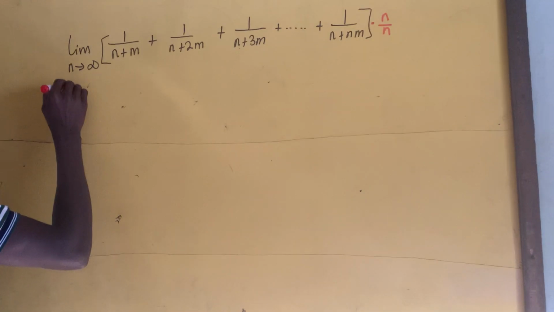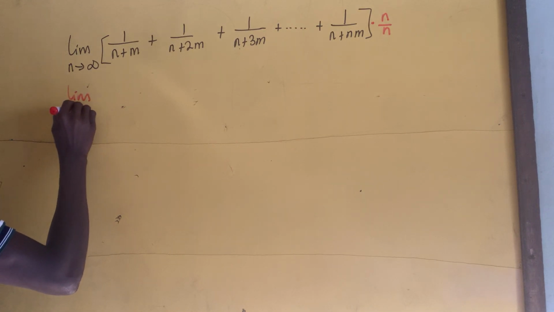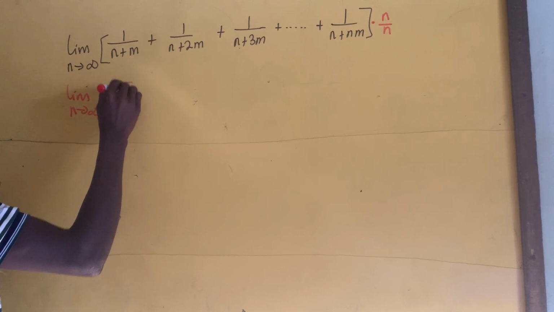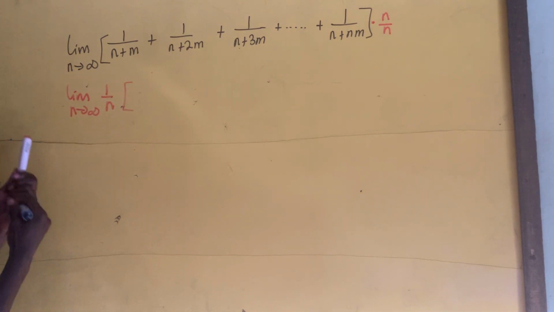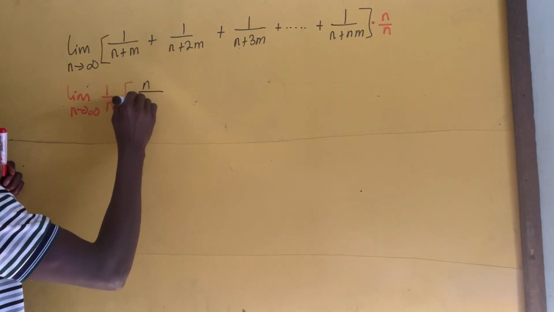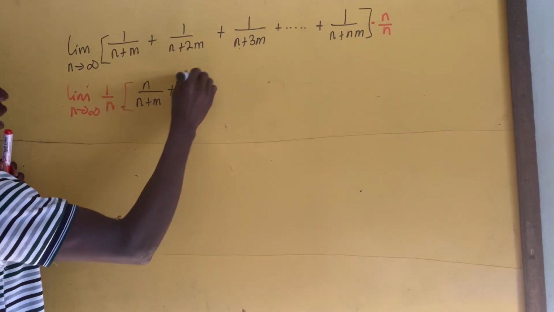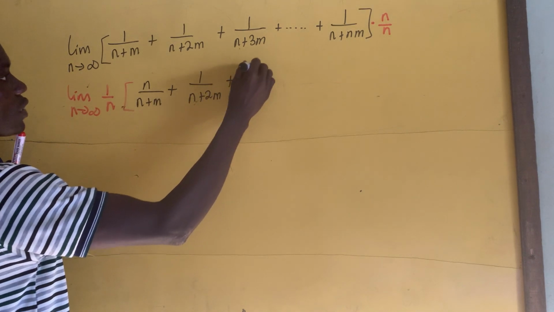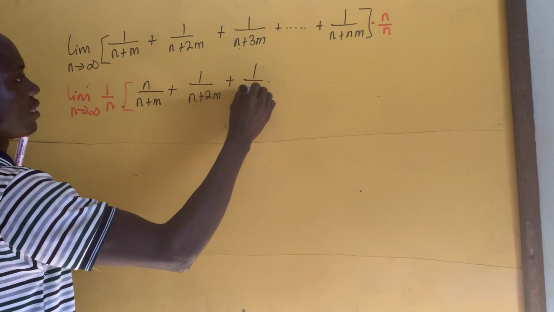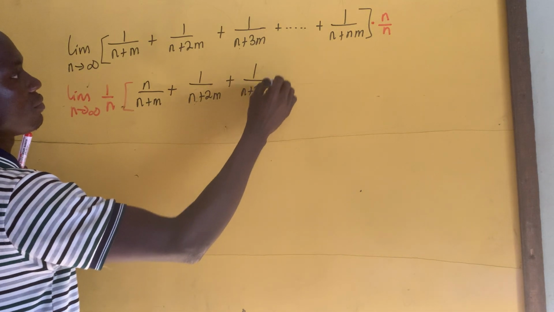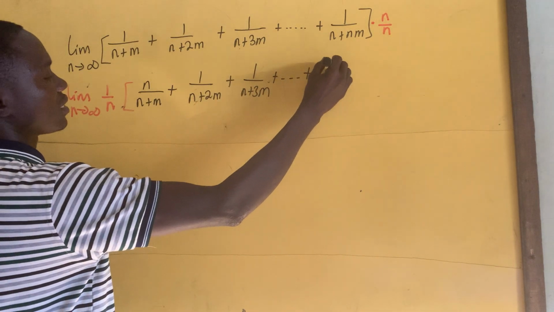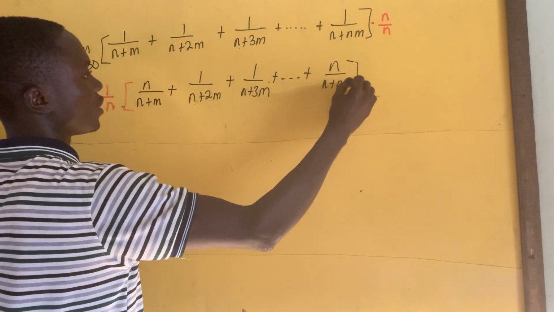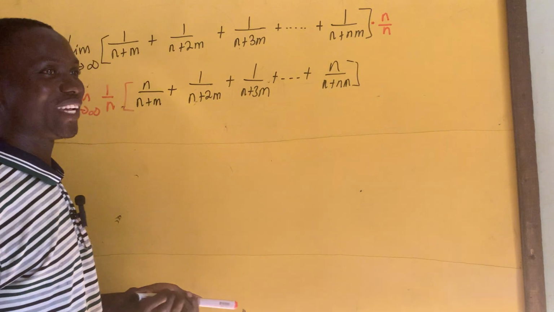So I'm going to get the limit as n goes to infinity, 1 divided by n, then n on n plus m, plus 1 on n plus 2m, plus 1 on n plus 3m, plus up to n on n plus nm, in a very simple way.